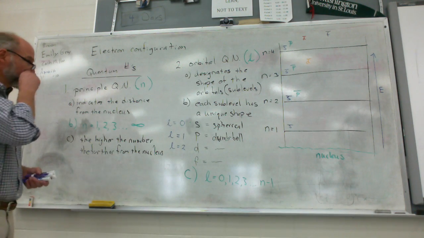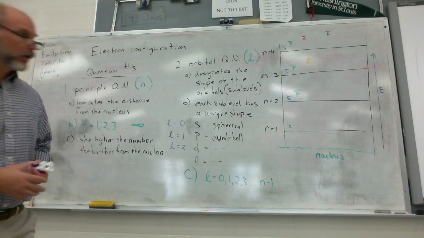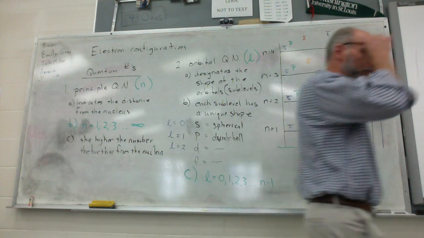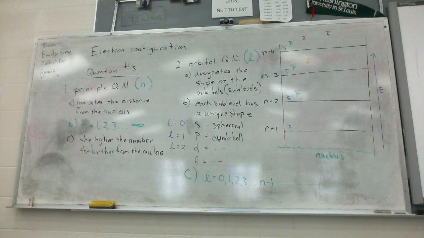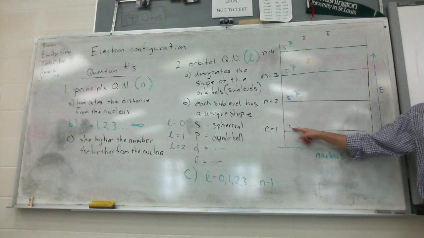Little trick that's going to come into play a little bit later. The number of sub-level shapes is equal to the value of the principal quantum number. What I mean by that is, at n equals 1, how many differently shaped orbitals are allowed? 1.